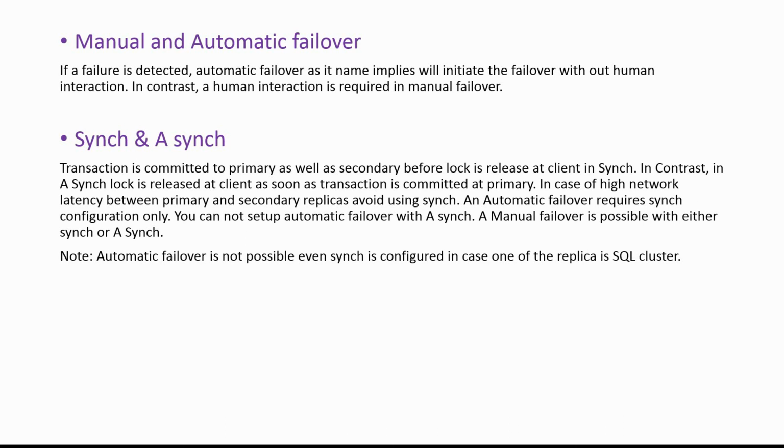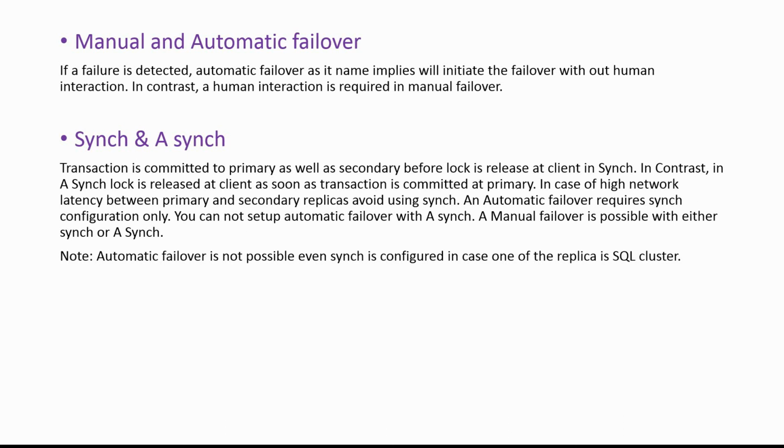In contrast, async does not depend on releasing the lock to the client until it's committed to the secondaries. As soon as it commits the transaction on the primary, it releases the lock, and later on the process commits those transactions to the secondary.